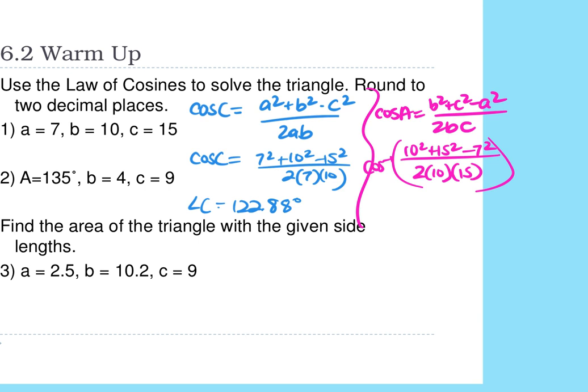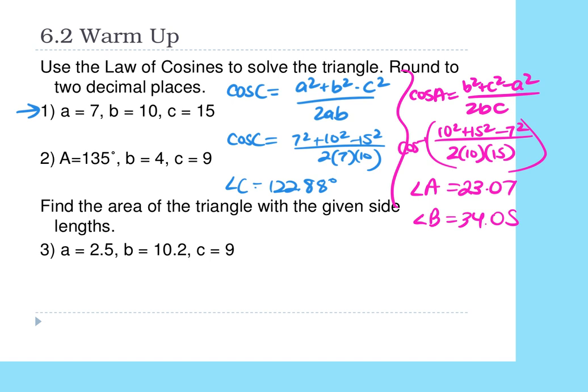And angle A is 23.07. And then I subtract those two from 180, and I get angle B, 34.05.